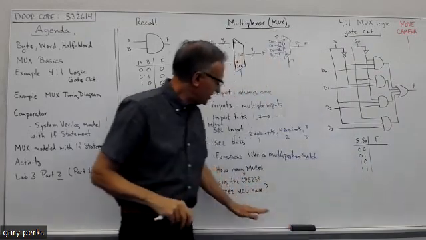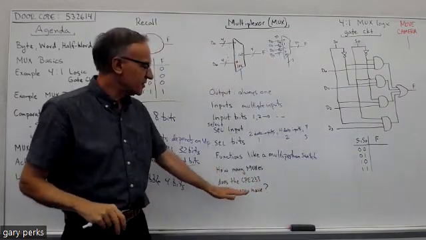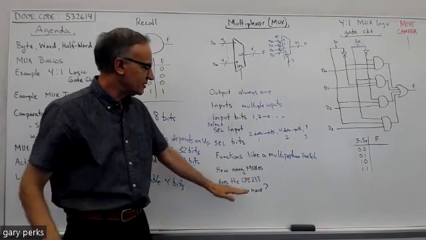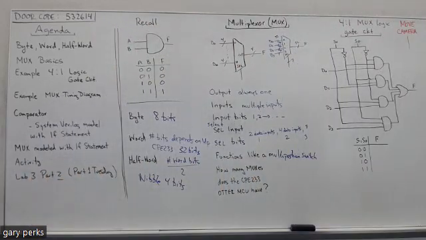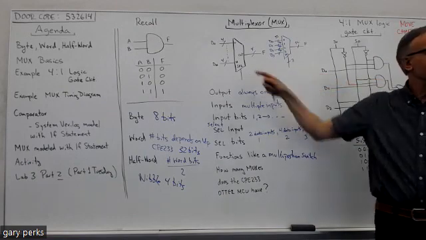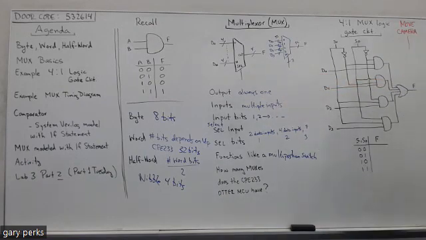Now, just to tie this into a future class, namely CPE 233, look at that diagram for the microprocessor that you're going to build in CPE 233 and tell me how many muxes there are. How many of these symbols do you see? 5. Or 4 or 5.